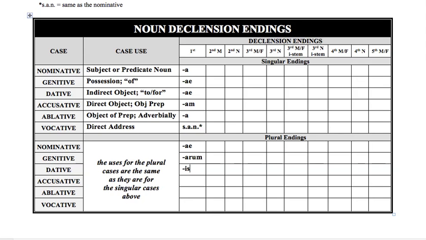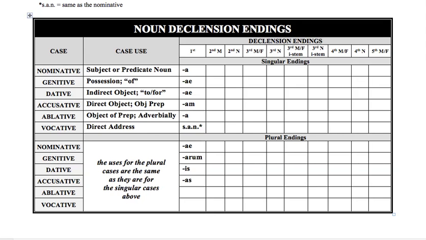So this ending is pronounced ees. The reason it's pronounced ees is because the I makes a long sound, and in Latin a long I sounds like E. So this ending is pronounced ees.